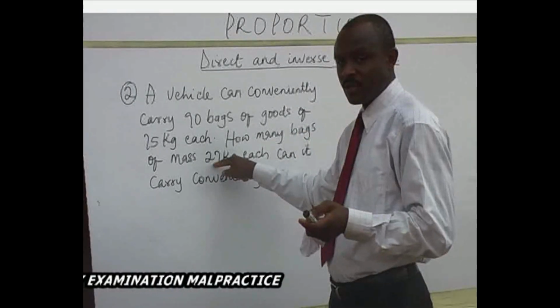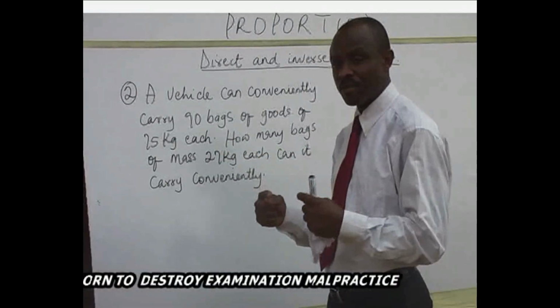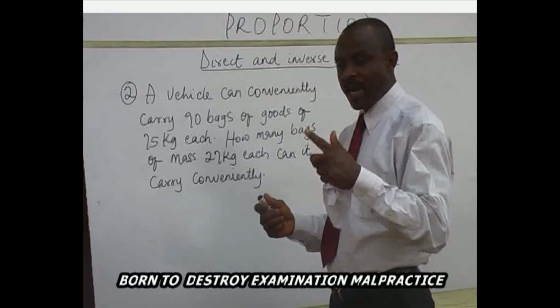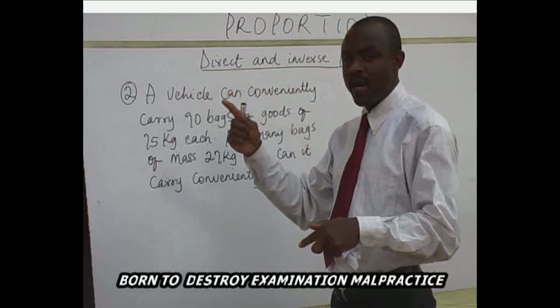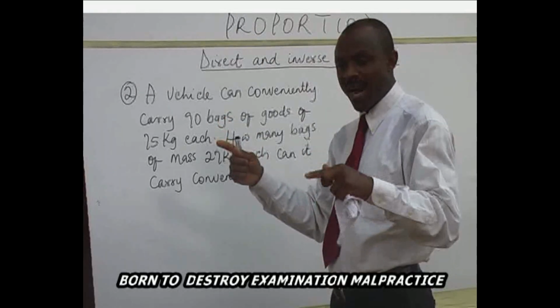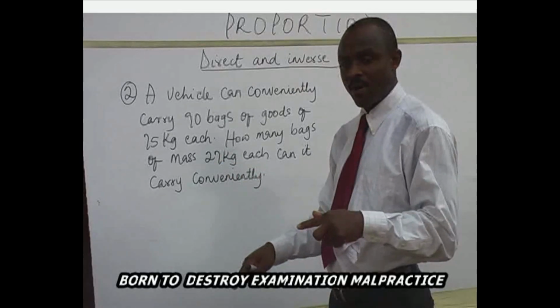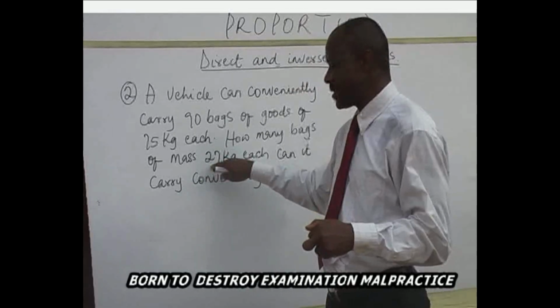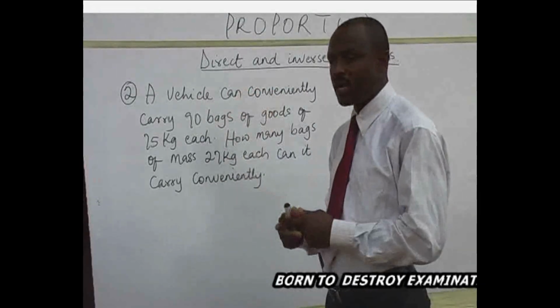So this is an example of an inverse proportion. When less is the input, more is the output. In direct proportion, when less is the input, less will be the output. But in inverse, now that less is the input, you're going to see that more is going to be the output.